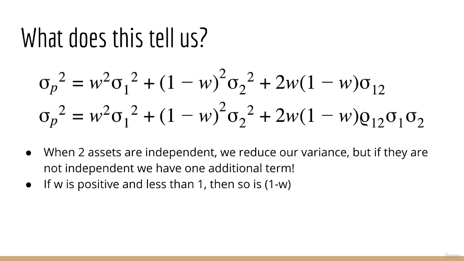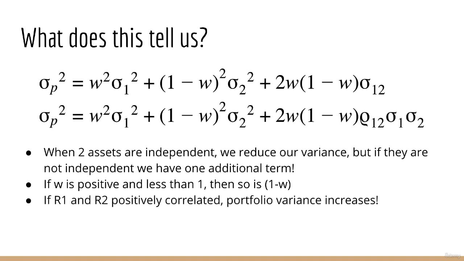In this case, 1 minus W is also positive, and therefore W times 1 minus W is also positive. If R1 and R2 are positively correlated, then the entire third term contains only positive numbers. Therefore, this increases the variance of the portfolio. What happens when R1 and R2 are negatively correlated? In this case, we decrease the variance of the portfolio.